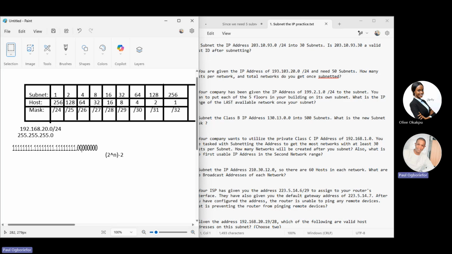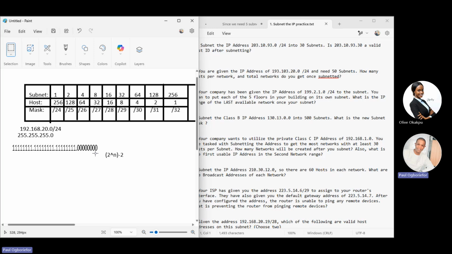Let's stick to 64. So if you are borrowing only 2 from here, you will be left with 6. Now you do 2 raised to the power of n, which is actually the number of hosts remaining, not the number of borrowed bits.